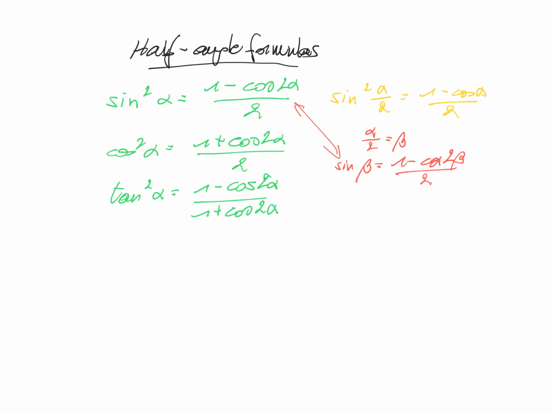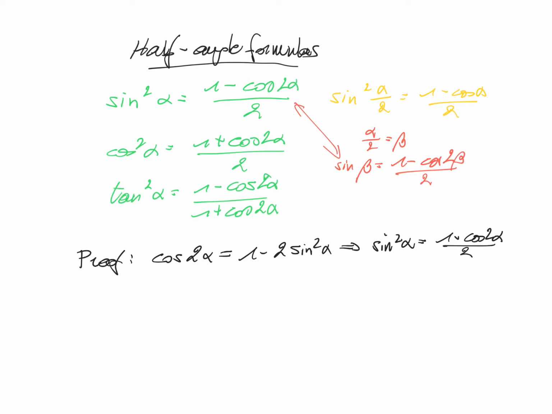We can then prove these formulas. They are very simple. In the proof, we see that cosine 2 alpha appears in all of the formulas, so we'll just be using the formulas for cosine 2 alpha. Cosine 2 alpha was 1 minus 2 times sine squared of alpha. If we rework this, we get that sine squared of alpha is (1 minus cosine 2 alpha) divided by 2, giving the first formula.